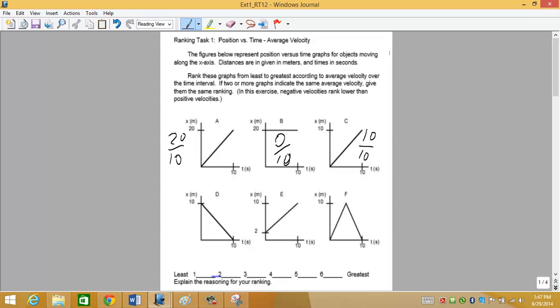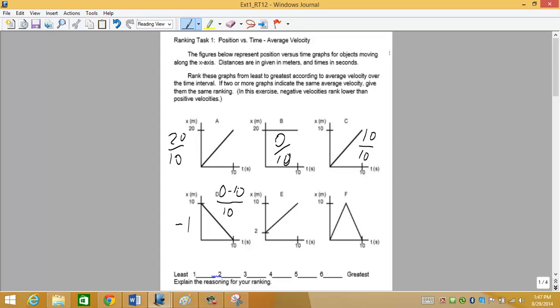You wind up at position 0. Remember what displacement is. Where you wind up, which is 0, minus your initial position, which is positive 10. So 0 minus 10 is your numerator there. That's your displacement. The time was 10 seconds. And therefore, sure enough, the average velocity is negative 1 meter per second.